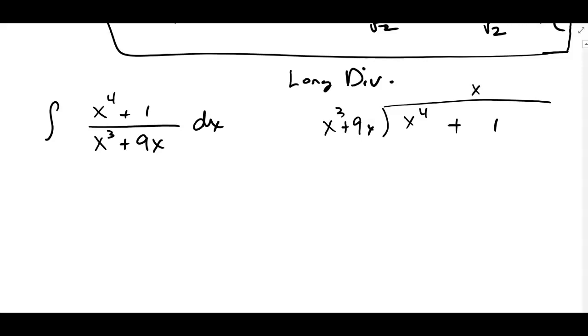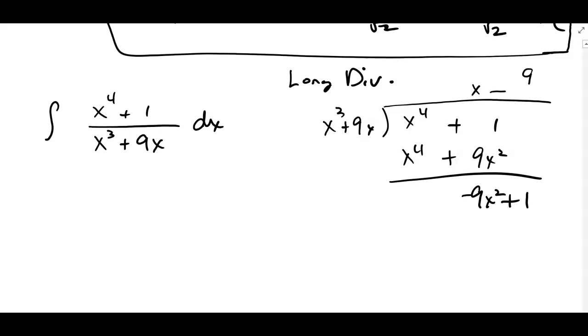It's only going to be an x value. x to the 4th plus 9x squared. When you subtract, it's going to give me a negative 9x squared plus 1. And you just put minus, right?